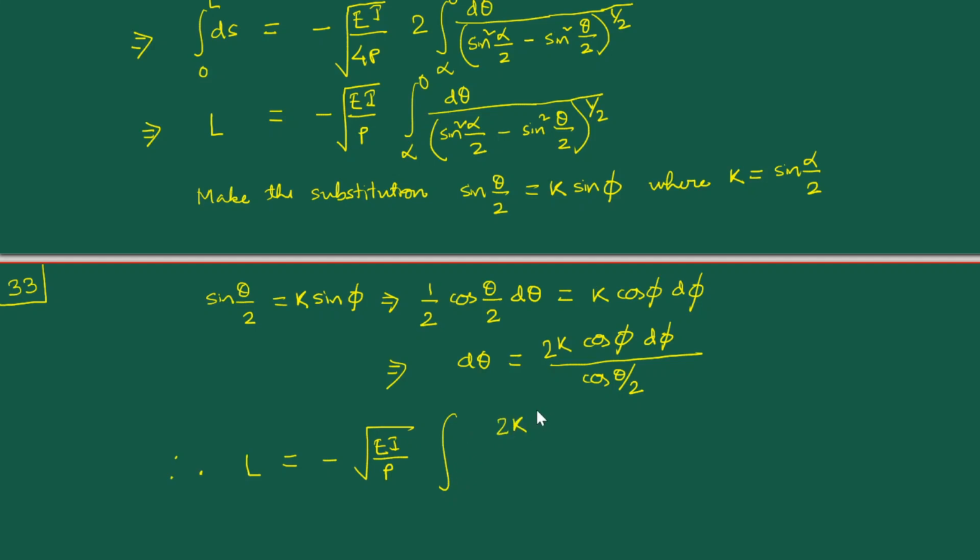For the d theta, I'm writing this as twice k cos phi divided by cos theta by 2, and then in the denominator what I have is sine square alpha by 2 minus sine square alpha by 2. Please note that this sine square alpha by 2 is basically coming from the substitution of this sine square theta. So this k square sine square phi, that k square I'm replacing by sine square alpha by 2, and I end up with this sine square phi.